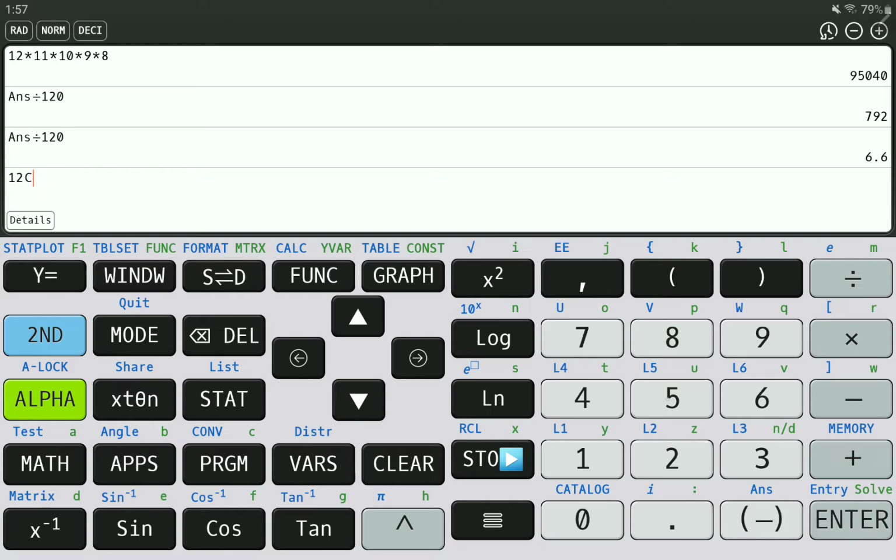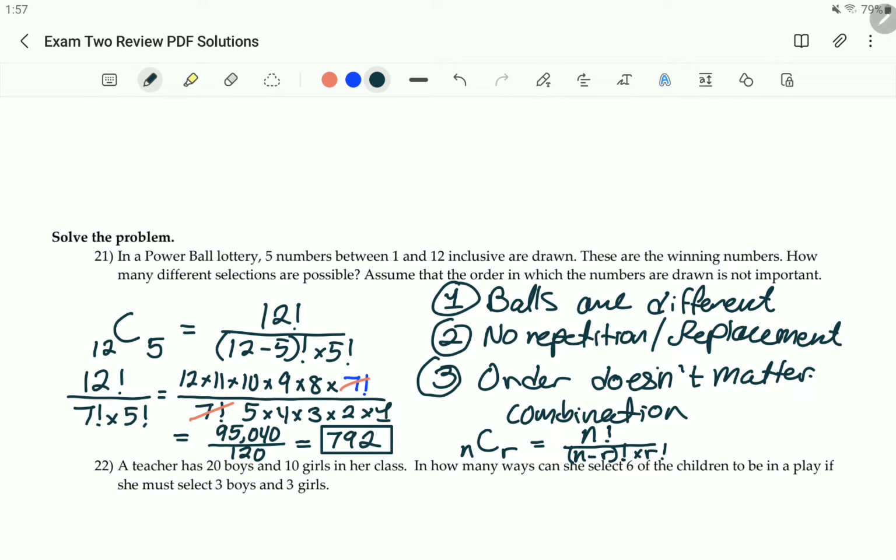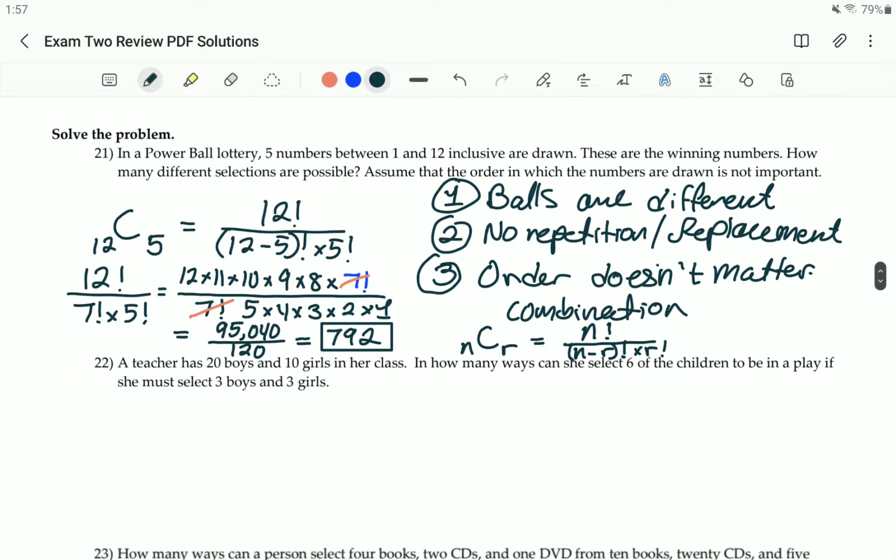Put in the second number, which is 5, and there's your answer of 792. So moving forward, I'm going to use the calculator features when I calculate my combinations. For this one, I just did it by hand.